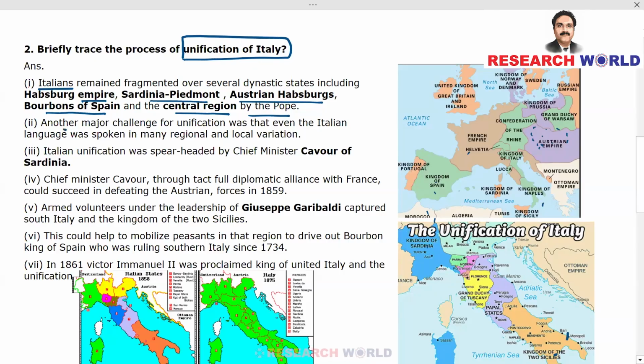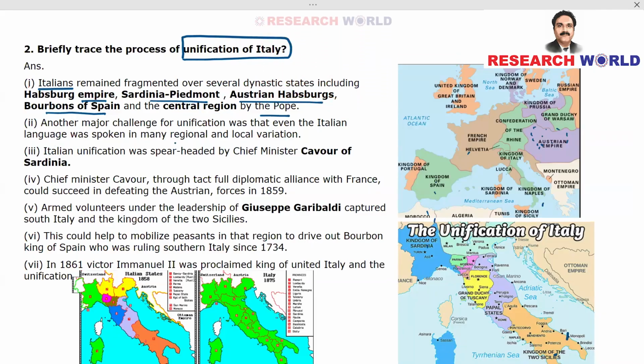The second challenge for unification was that even the Italian language which they spoke was spoken in many regional and local variations. So apparently, even though they spoke the same language, because of the huge regional and local variation, they never sounded like they were from the same language.